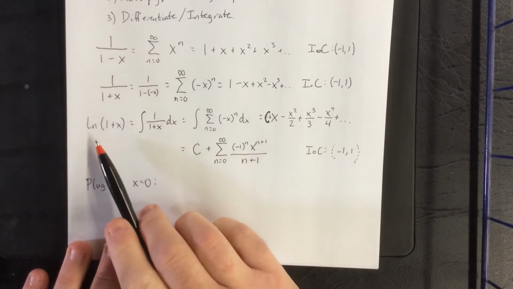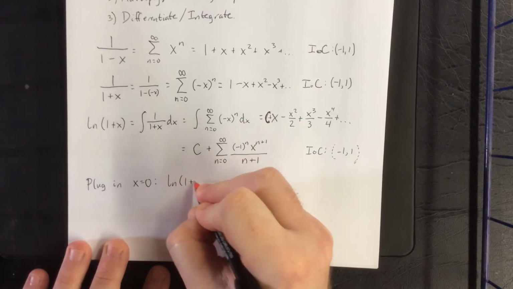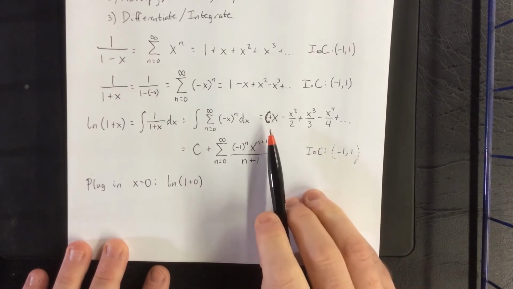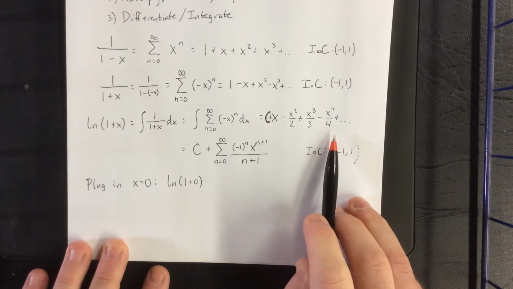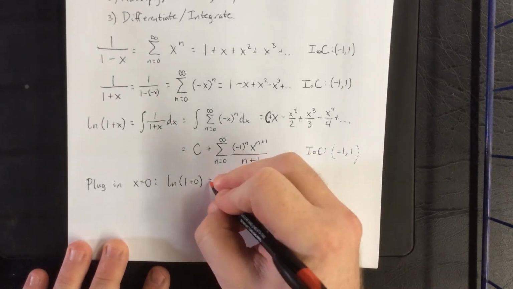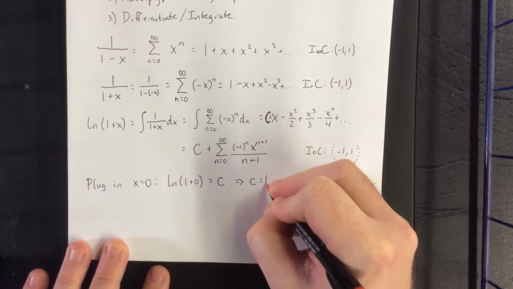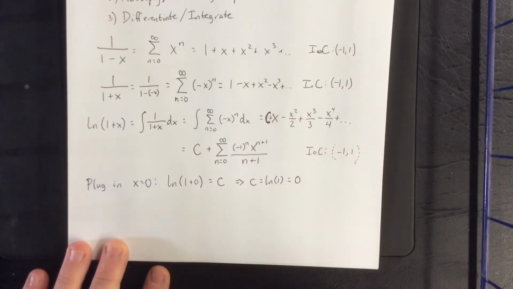So the left-hand side would become the natural log of 1 plus 0. And going based off of this expression up here, we're going to see c plus 0 minus 0 plus 0 minus 0, and there are just going to be a whole bunch of zeros. So that constant of integration is going to be the natural log of 1, better known as 0.